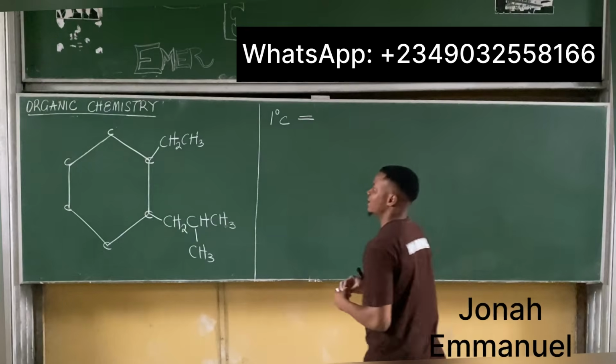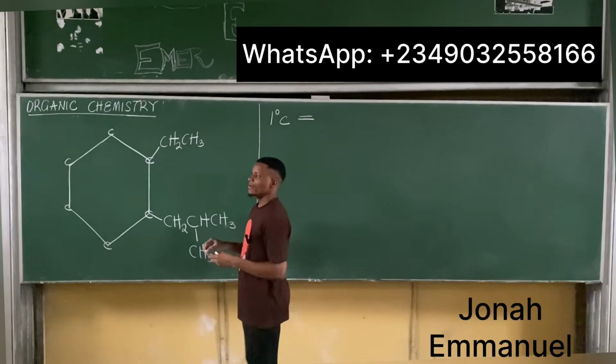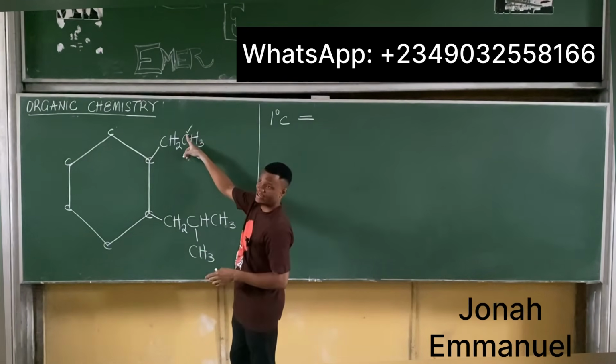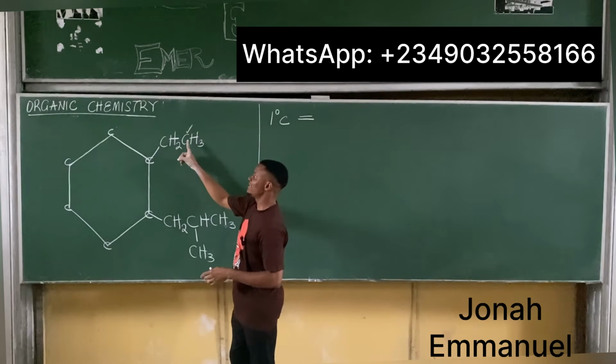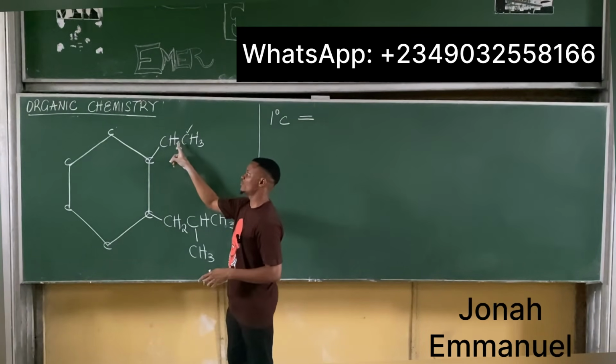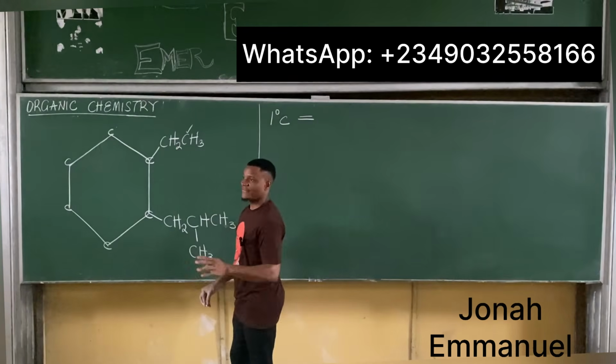If I look at this very well, I said it's at the extreme. My primary carbon here will be this one here. Of course, at the extreme. This one has just one attachment, which is all of this. So that's the first primary.